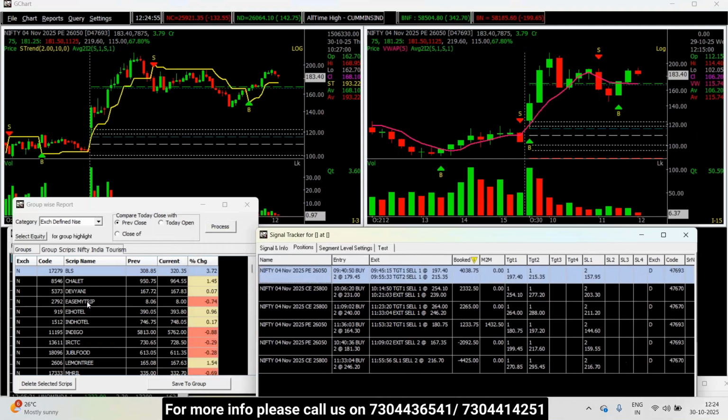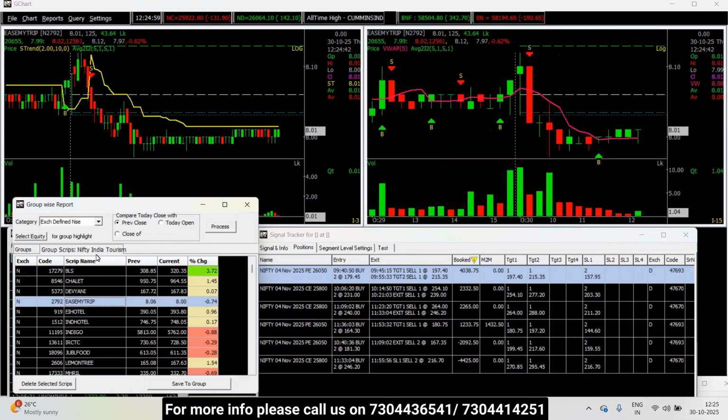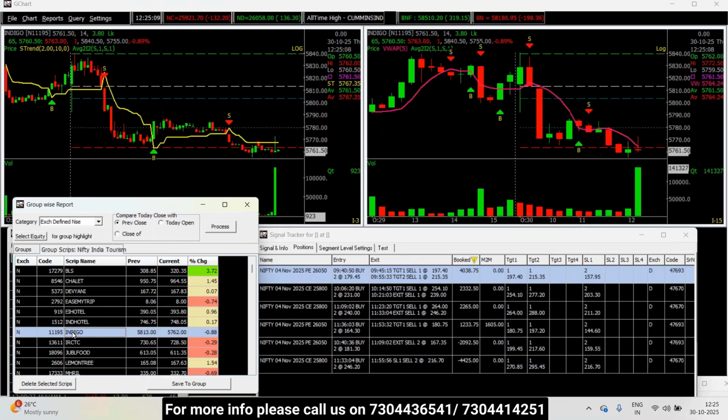Whichever is in red color, like MakeMyTrip, is not supporting the Nifty. In this way, you can see how many stocks are going according to the Nifty, or not going according to the Nifty.